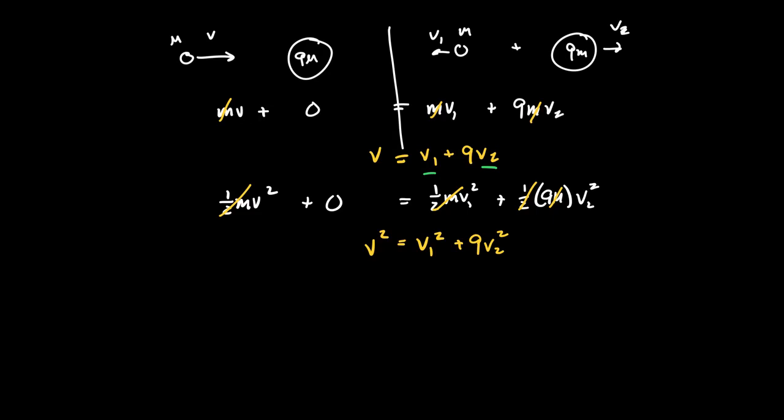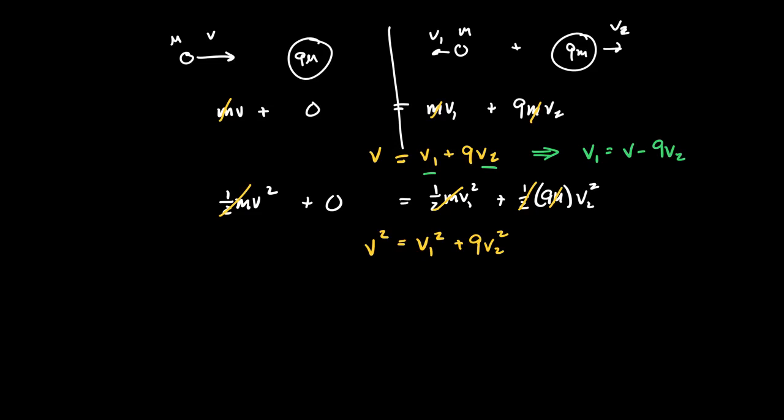So we're trying to find V1 in terms of V. You could try to solve for it right here, but you'll be sorely disappointed because your answer doesn't just have V in it. It has V2 in it as well. So that's not the answer. To get the answer, you will have to substitute.